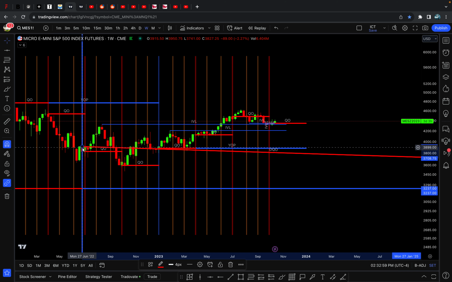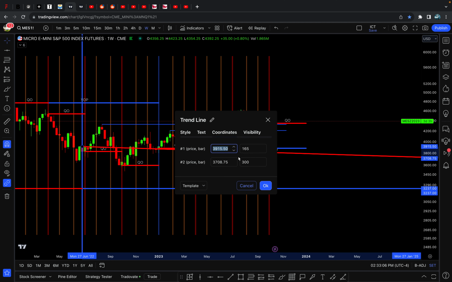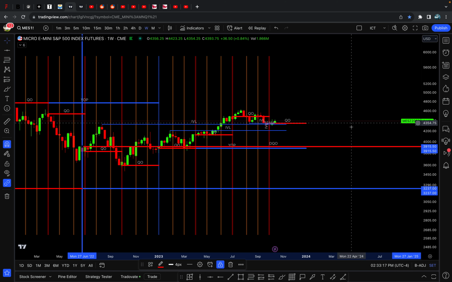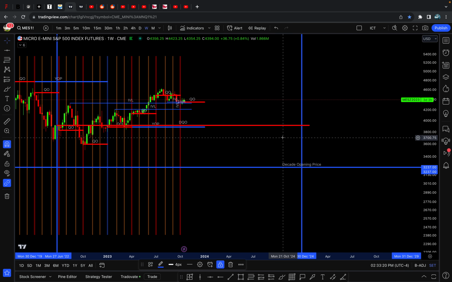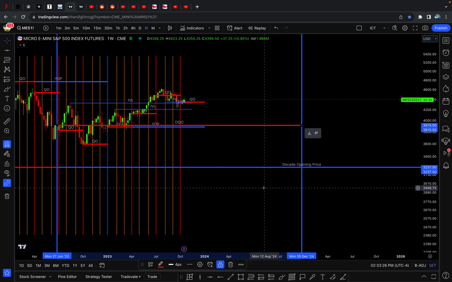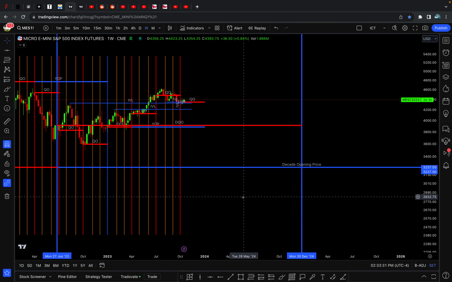You can check the opening price real quick: 39.15.50. Double click this, 39.15.50. Copy, paste. Bada bing, bada boom. Always save your work. Now you can double click this and bring that back where it needs to be. Make sure it's locked in. You're good to go.